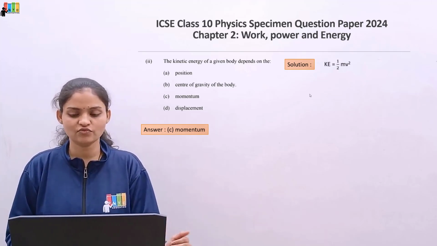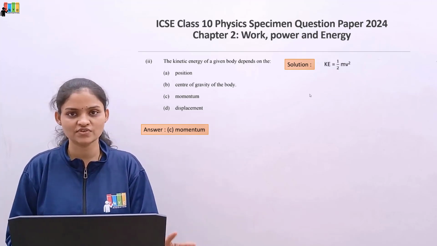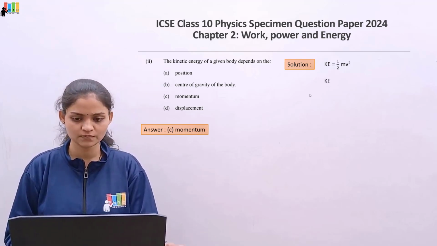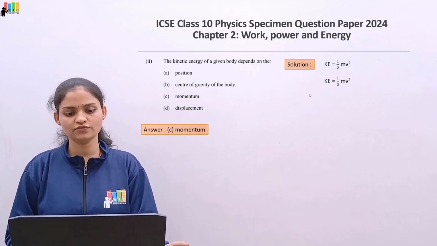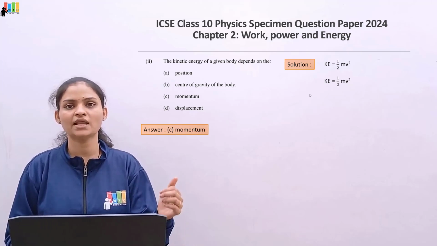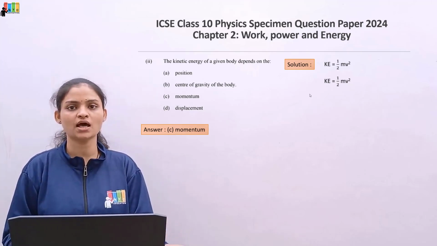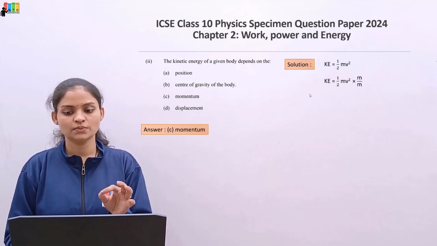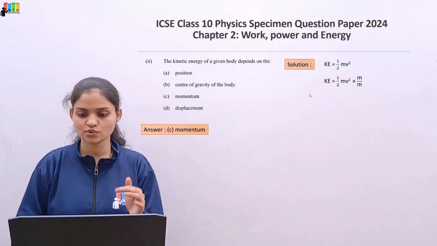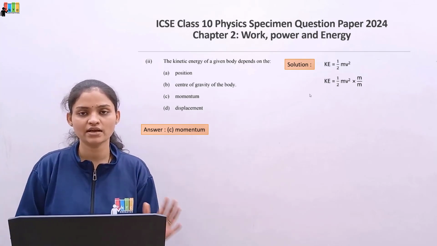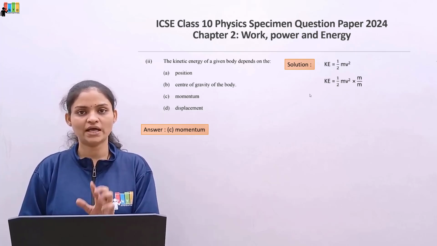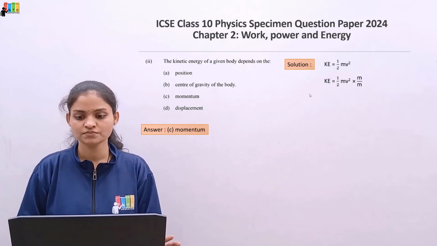We know that the formula is 1 by 2 mv square, where m is mass and v is speed of the body. Now we multiply and divide this formula by mass, so multiply by m and divide by m.